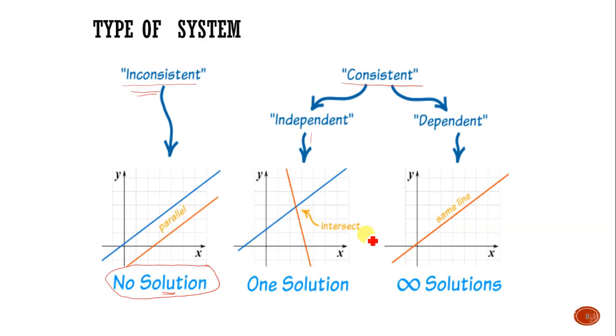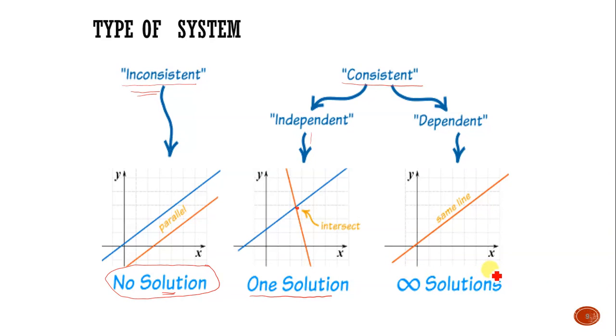And in the previous two examples we have seen that when two straight lines intersect at one point, then we have one solution. It is also called a unique solution.